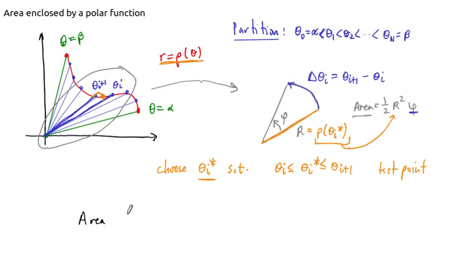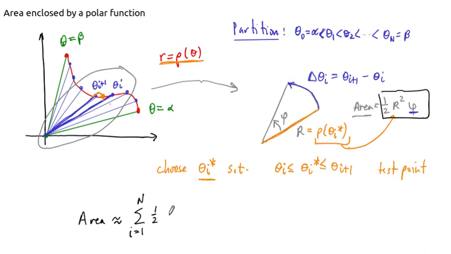The area enclosed by our curve is going to be approximately equal to the sum of the areas of all of these small partitions. So it's going to be the sum, I from 1 to capital N, of our area formula. Our area formula is this, but with all of our relevant thetas and rhos plugged in.